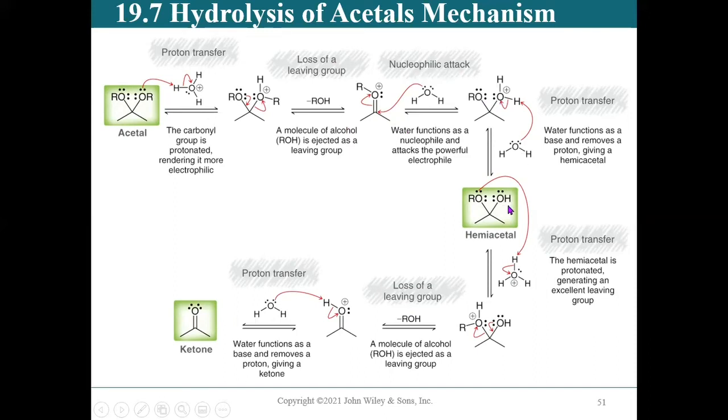Another proton transfer produces this alcohol and RO group. Then we have another proton transfer, protonating this RO, and then water comes back and kicks out this alcohol, or loses ROH. So then we have this intermediate. Then we can take the proton away from this intermediate to produce the final ketone.